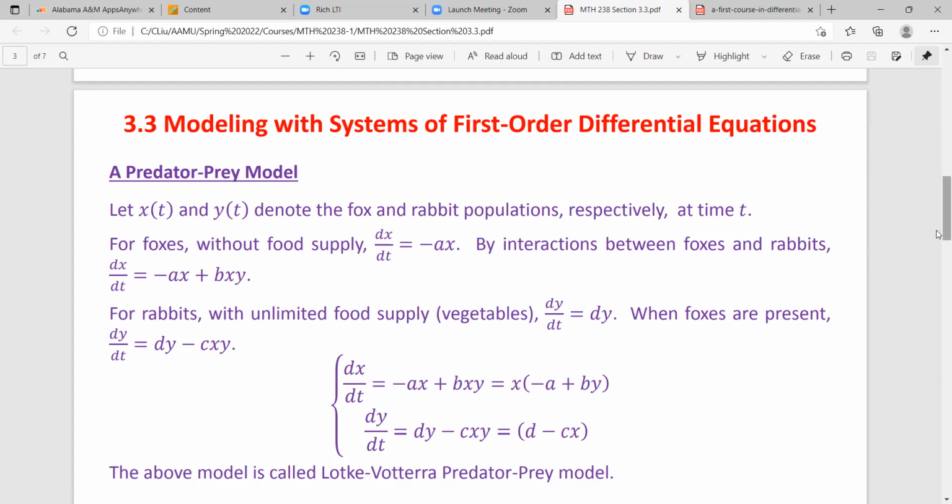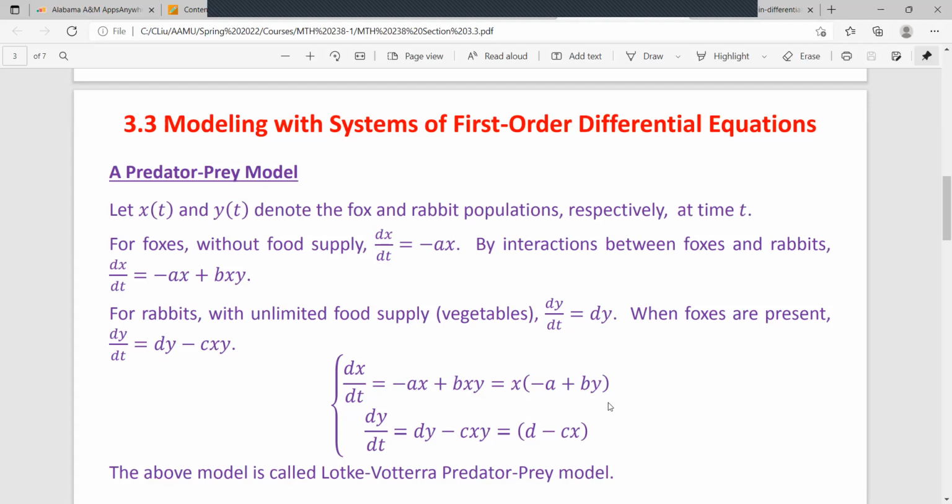If you consider the ecosystem of foxes and rabbits, because of the food chain, the population of both foxes and rabbits will depend on each other. So then we have a system of nonlinear differential equations, but they are still first order if you look at the equations we're getting here.